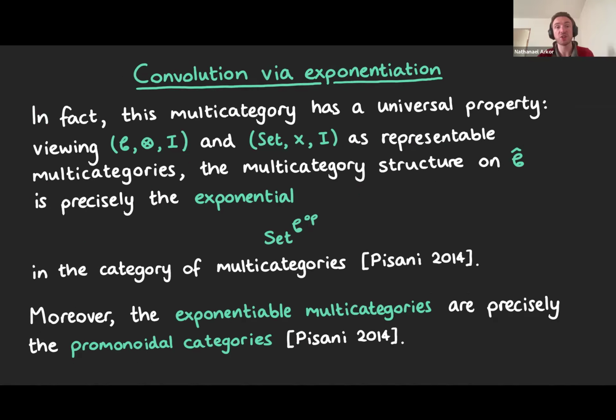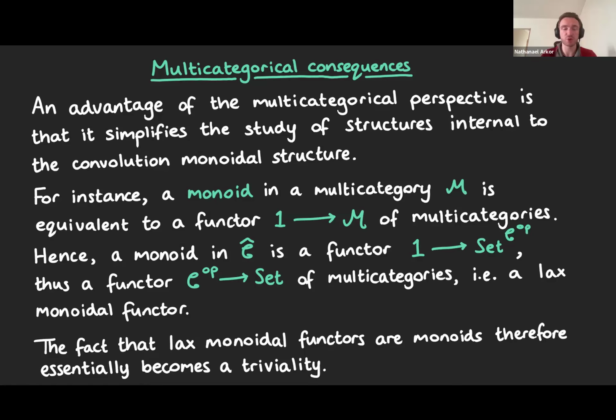And using the fact that the convolution monoidal structure is an exponential, we can see that a monoid in the convolution multi-category structure on the category of presheaves is a functor of multi-categories from 1 into the exponential. And then by transposing using the universal property, this is the same as a functor from C op to set. And functors of multi-categories between representable multi-categories correspond precisely to lax monoidal functors.